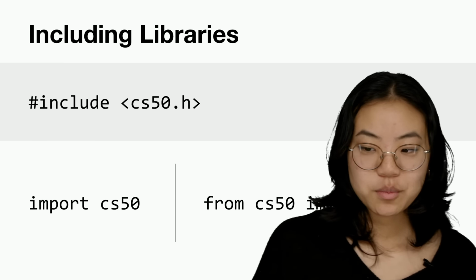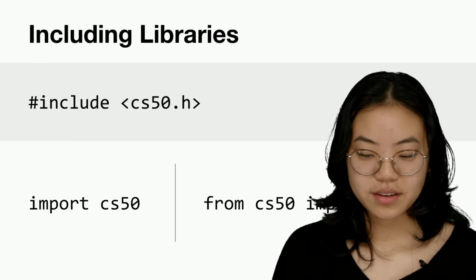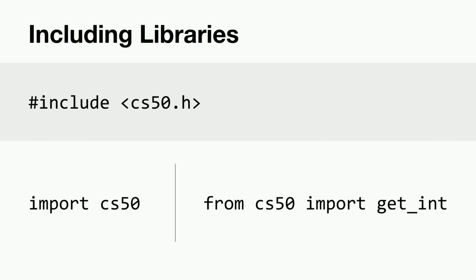Okay, so a few more functionalities that we have in Python parallel to C. In C, we were including libraries, like we remember. So cs50.h was one of our libraries that we included. In Python, we can do a similar sort of thing, but we have two ways of importing things from a certain library.